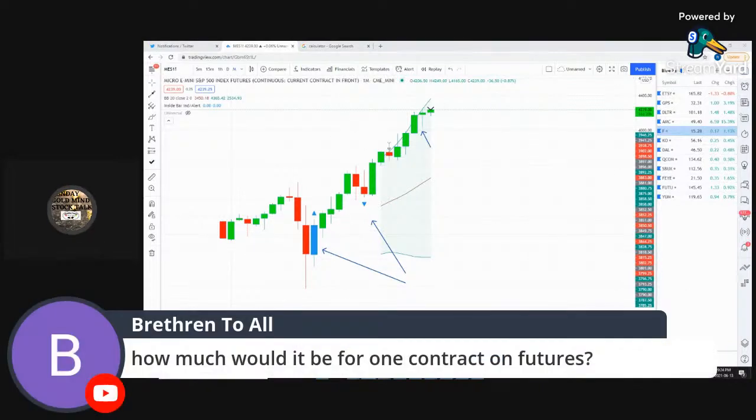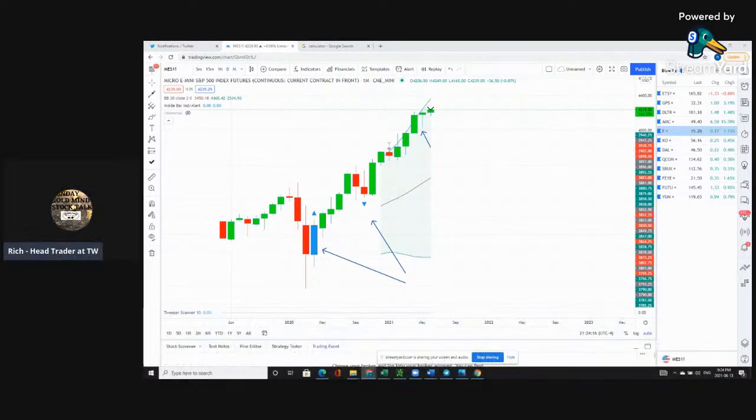Brethren says, how much would it be for one contract on futures? Futures is basically everything is on margin. So basically, to comfortably hold one contract overnight, I would say you need between $9,000 to $10,000. So that's what I use in my head as a gauge.